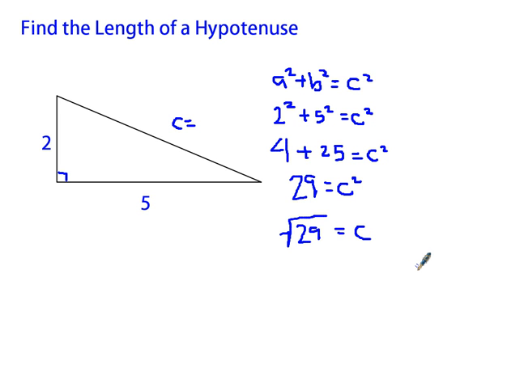At this step I'm going to need a calculator. It is useful for me to know that 29 is between 25 and 36. So I'm going to expect that the square root is somewhere between 5 and 6, probably somewhere close to the middle. Now I need my calculator.